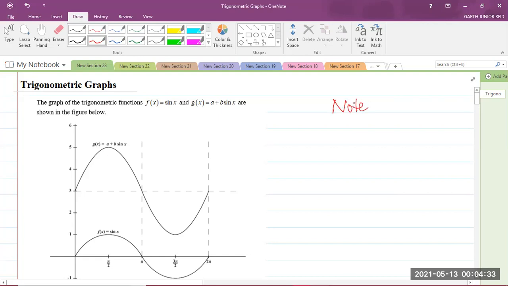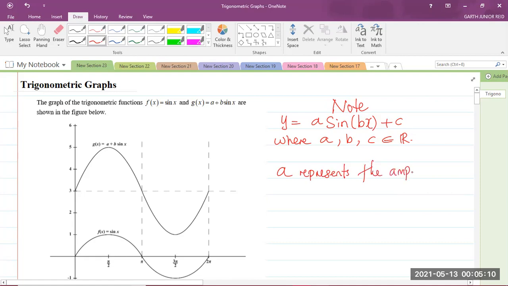Note: if you have something of the form y is equal to a times the sine of bx plus c, where a, b, and c are real numbers, then a represents the amplitude of the graph.